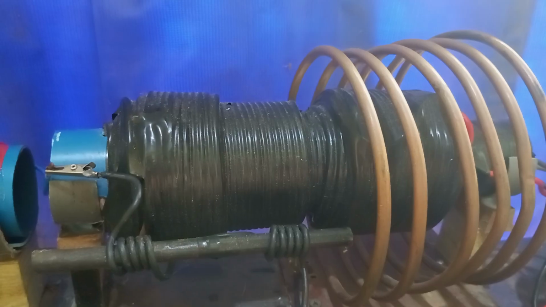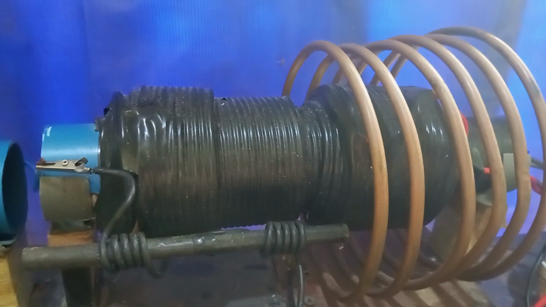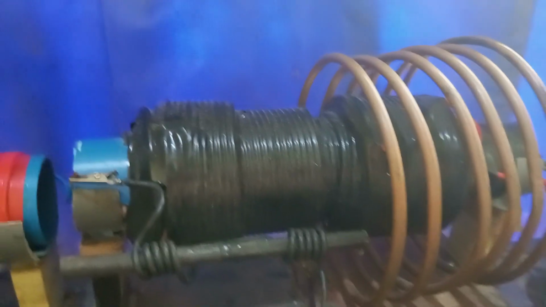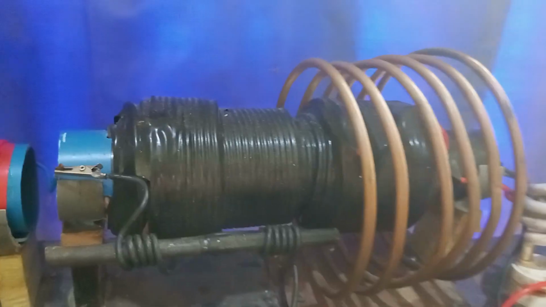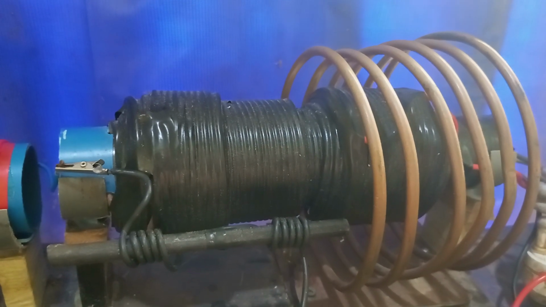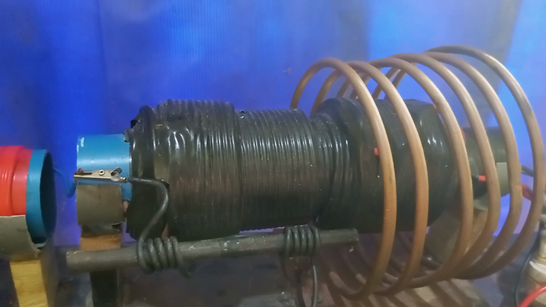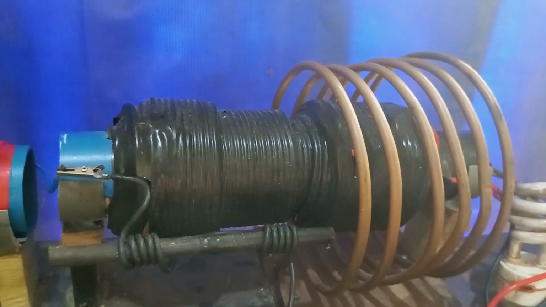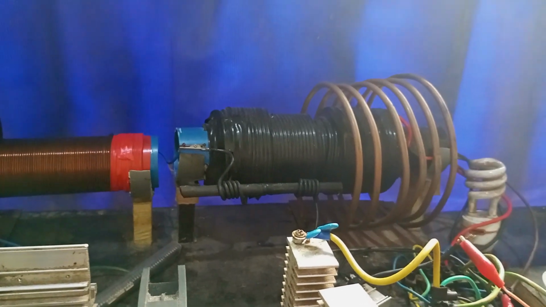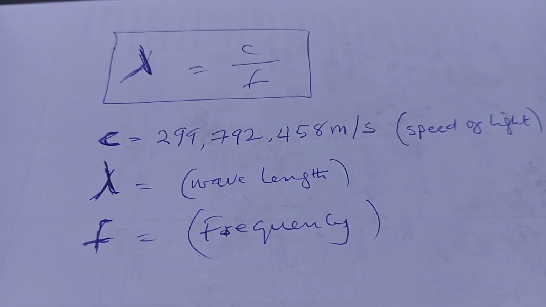I think some of us know that the natural frequency of a wire has to do with its wire length, and there's a formula for that, which has to do with the speed of light, the wavelength, and the frequency. Let me quickly show you that. This is what I'm talking about, folks.